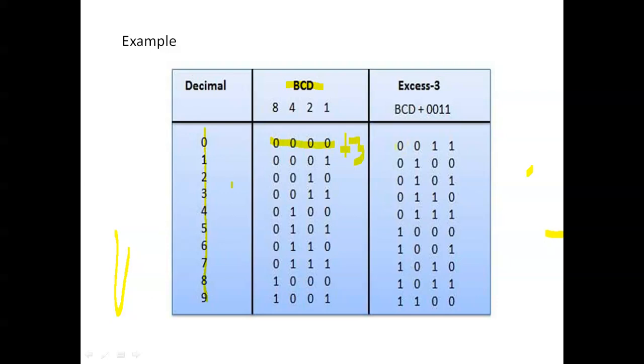Starting from 0, which is 0000, we add 3 and get the value 3, so the binary number for 3 is put here; that is excess 3. Similarly for 1, we add 3 again and get the number. Similarly for every number, we just add 3, and that binary number is present here as the equivalent of BCD. So this is the excess 3 code, and it is a non-weighted code.